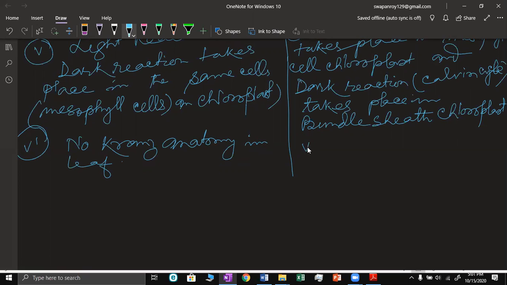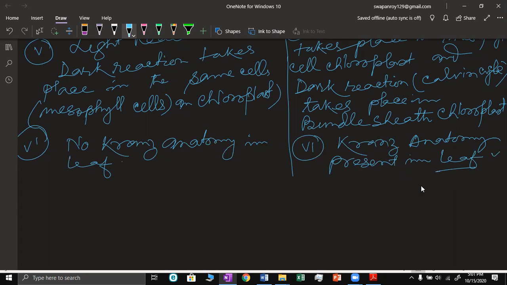But the C4 plants have Kranz anatomy present in the leaf.